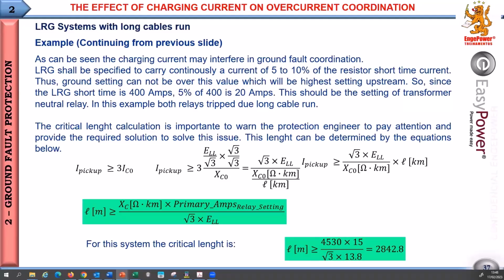The other solution is to use directional elements, looking to the load, not to the source. So that's what we can do. Okay.